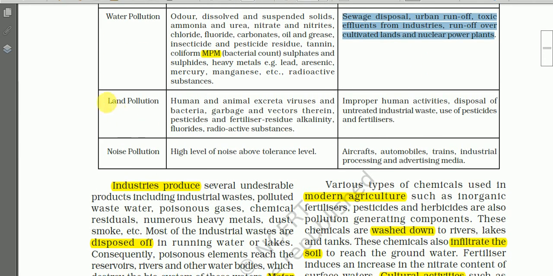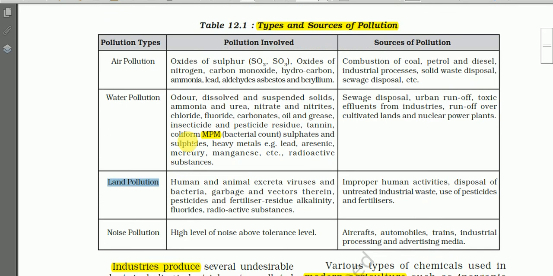Then land pollution. So here the pollutants involved are human and animal excreta, then viruses and bacteria, garbage and vectors therein.